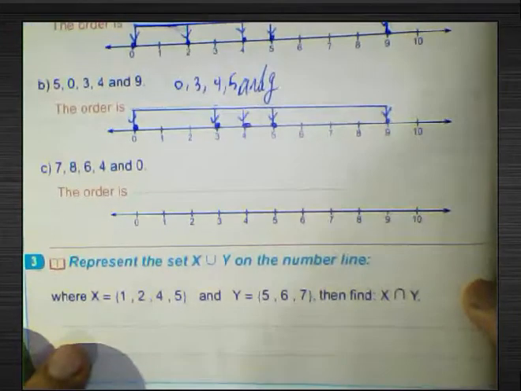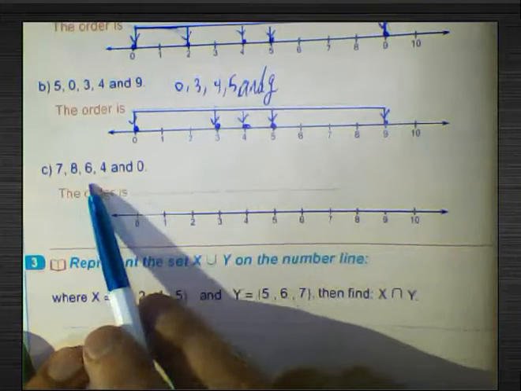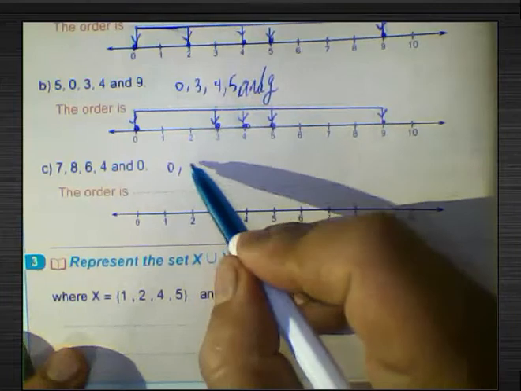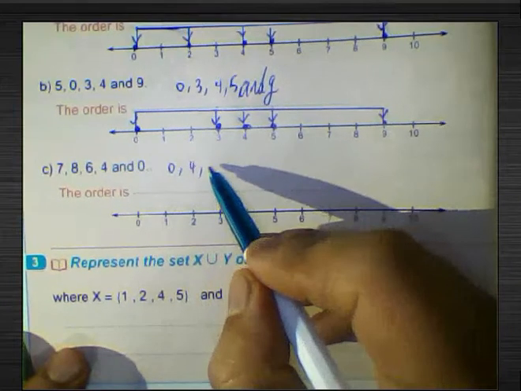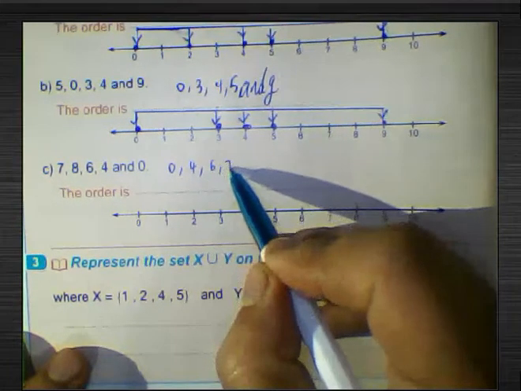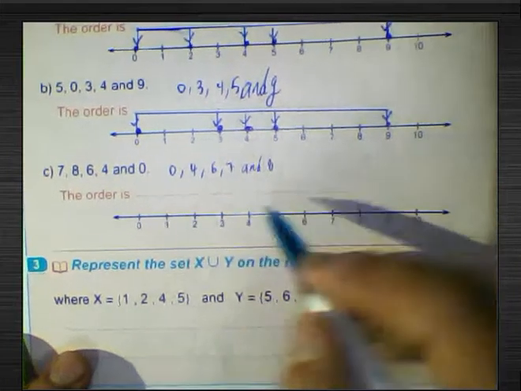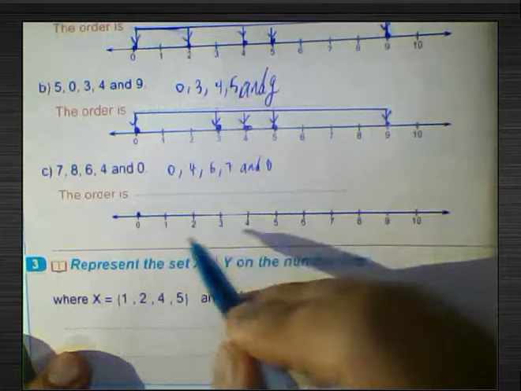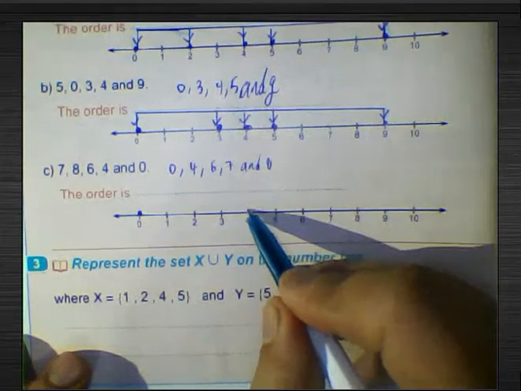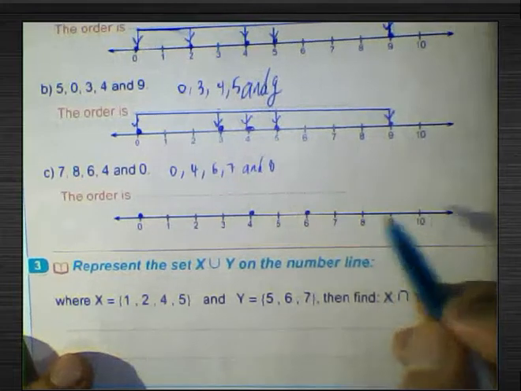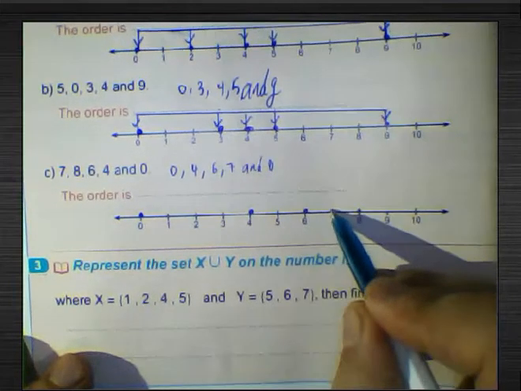Question letter C, 7, 8, 6, 4, and 0. We can write 0, 4, 6, and 7, and 8. And then limit all elements here: 0, 4, 6, 7, and 8.